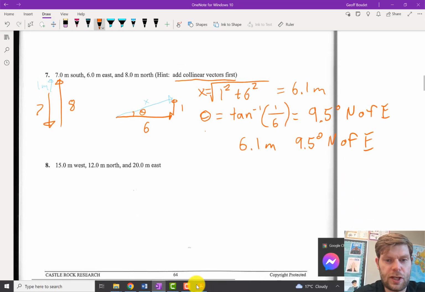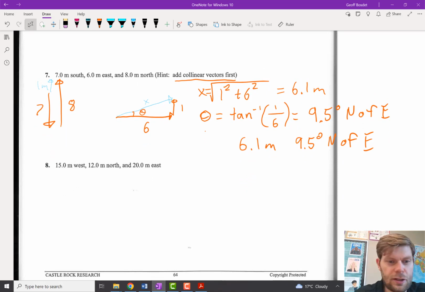Now, if we want to do this guy, exactly the same. We've got an east-west thing we're going to deal with first. We go 20 meters east and then 15 meters west.